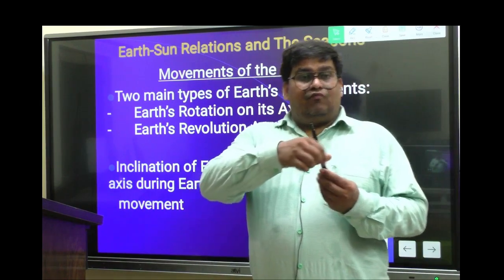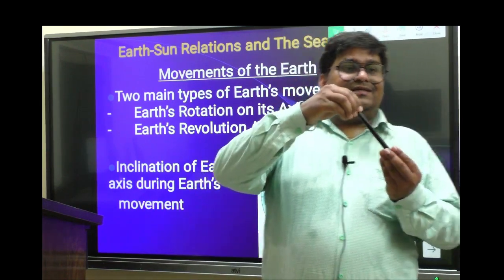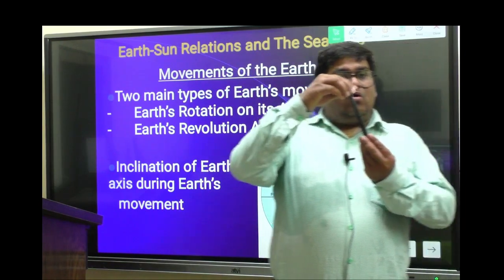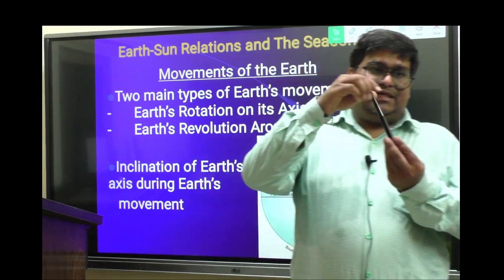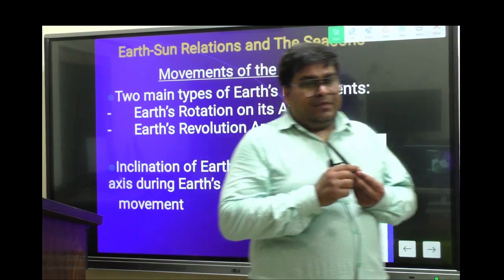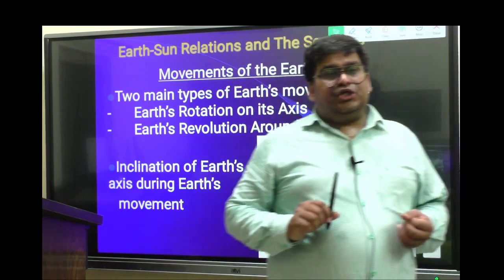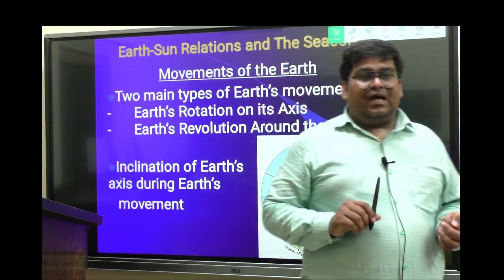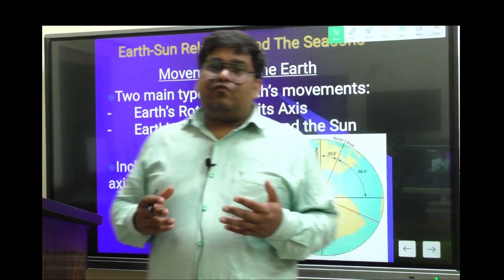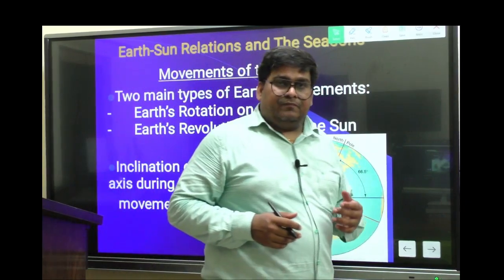What we call rotation is the movement of the earth along its axis. The earth completes its rotation in 24 hours, which you already know. The second type of movement is called revolution.